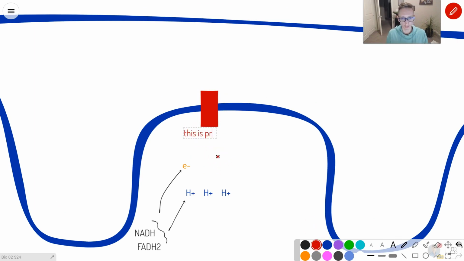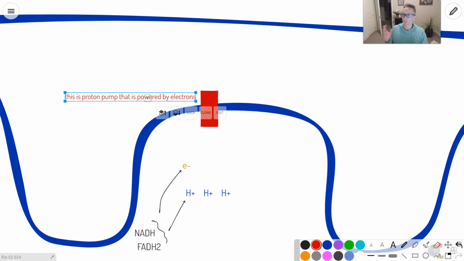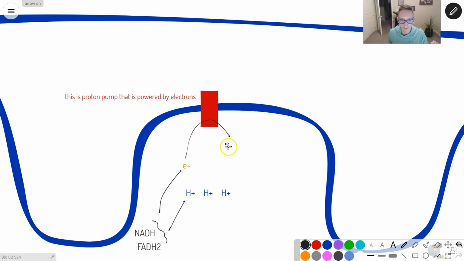This is a proton pump that is powered by electrons. What? A proton pump that's powered by electrons? Oh, just like a pump in real life is powered by electrons? Crazy. Crazy indeed. So this electron goes like this, powers that pump. Electron powers pump.